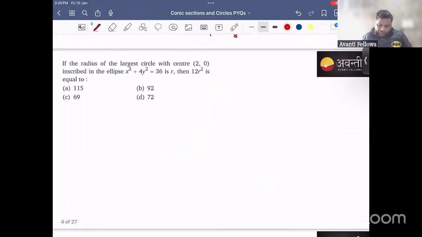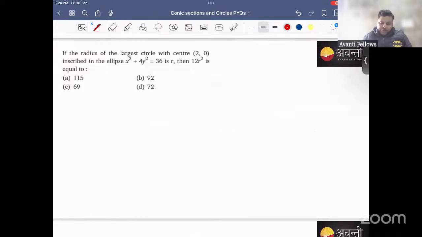Now, let's move. If the radius of the largest circle with center (2, 0) inscribed in the ellipse x² + 4y² = 36 is r, then 12r² is equal to what? Give it a try quickly. Go for it.